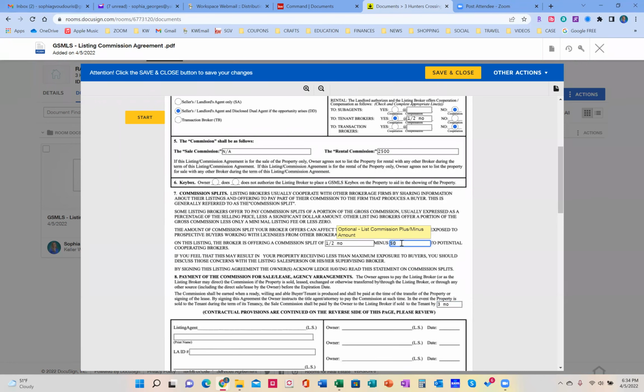As an agent, you're covering these little fees that add up when you're listing something. When you input a listing in the Garden State MLS, they charge you a $25 fee for a listing, so that's covering that.